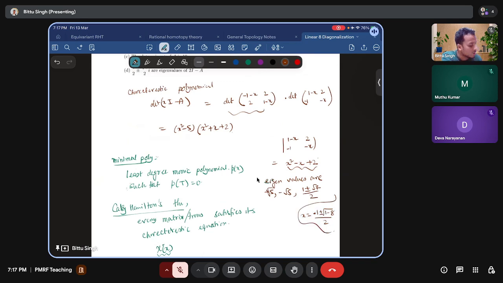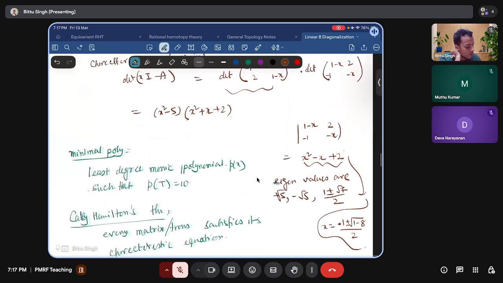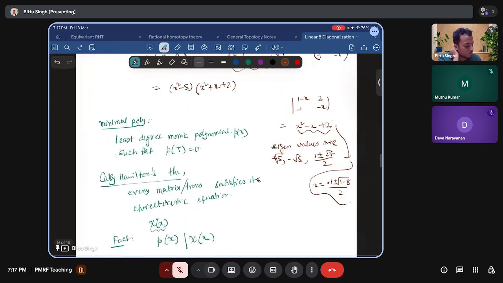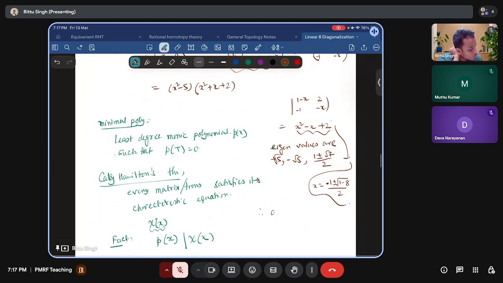So those are the eigenvalues if we solve this, and all those eigenvalues are distinct, right?